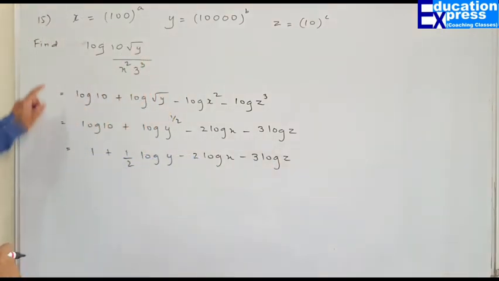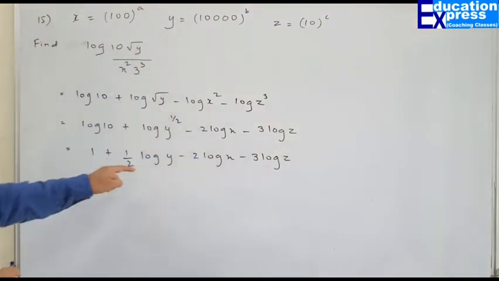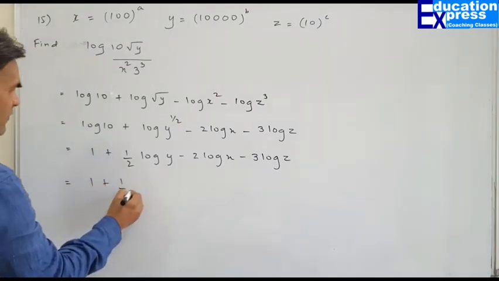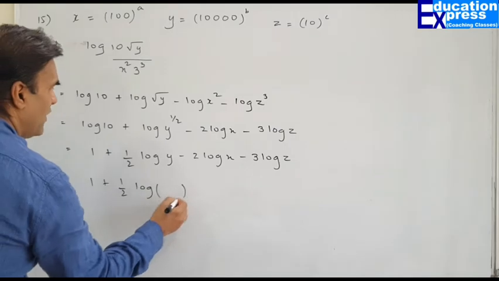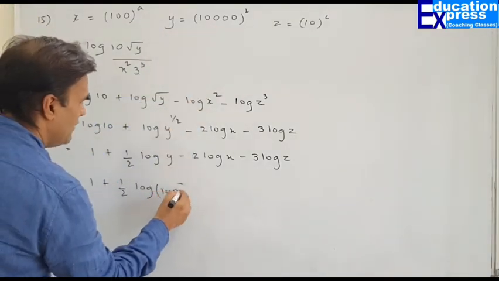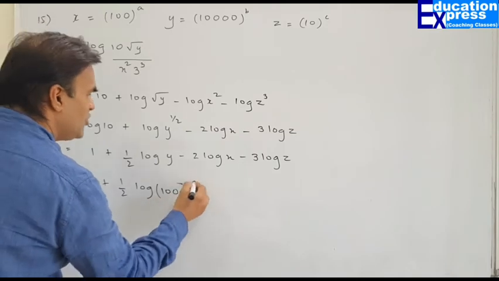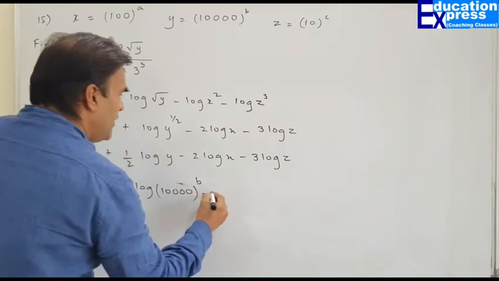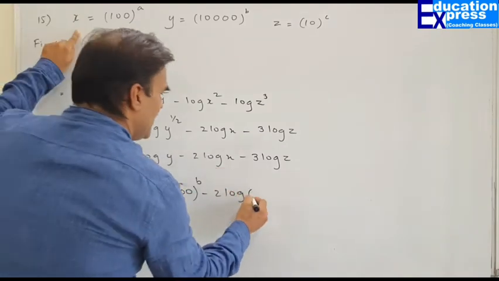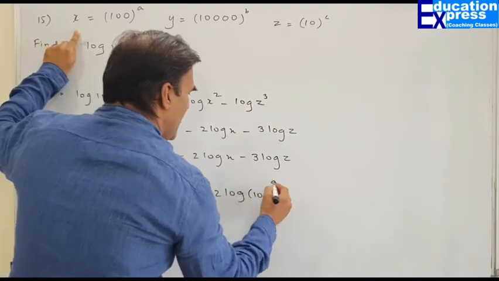My dear friends, we already have the value of x, y and z. We will substitute those values over here. 1 plus half log. What is the value of y? So, value of y is 10,000 raised to b. Minus 2 log of, what is the value of x? So it's 100 raised to a.